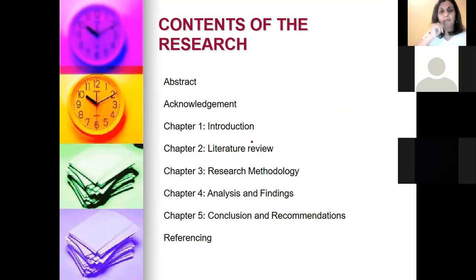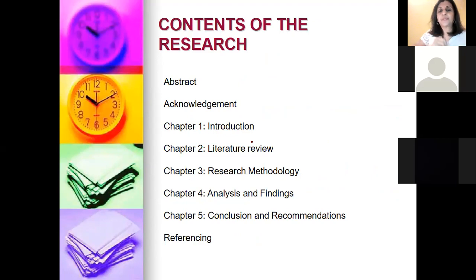Next, I'm showing you the contents of the research, but later I will cover this again. So what you must have in your research is an abstract. An abstract will be a 1 page or 2 pages of write-up that gives an idea to the reader of what the entire research project is about.